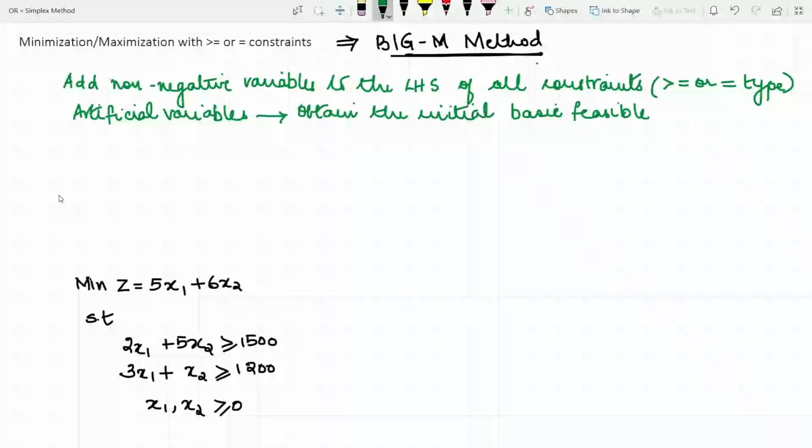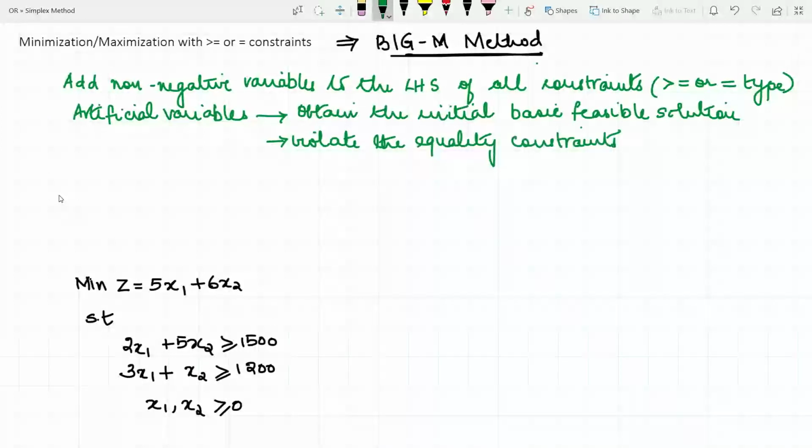But the problem is they violate the equality constraints. So our objective is to eliminate these artificial variables from the final solution. So there should not be any artificial variables in the final solution.